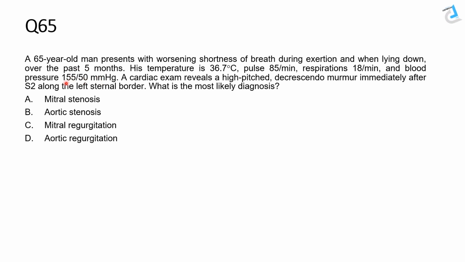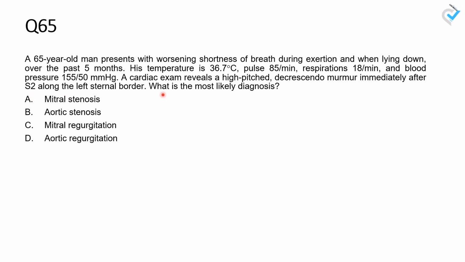Again, we see high systolic, low diastolic, a high pulse pressure, and that is characteristic of aortic regurgitation. The murmur here is a decrescendo murmur, meaning its intensity is decreasing. It is heard immediately after S2, which also indicates that it is a diastolic murmur.